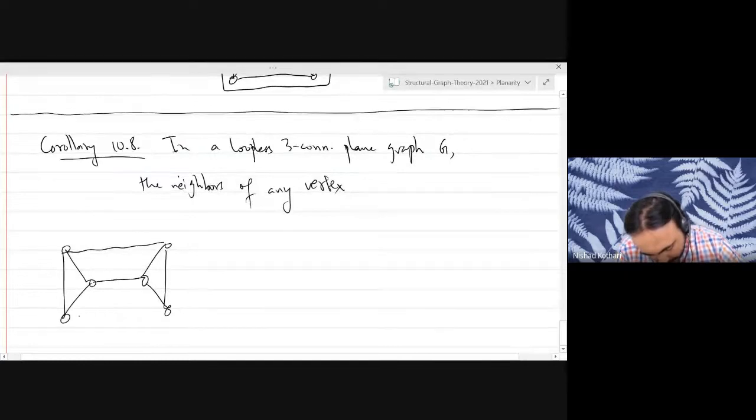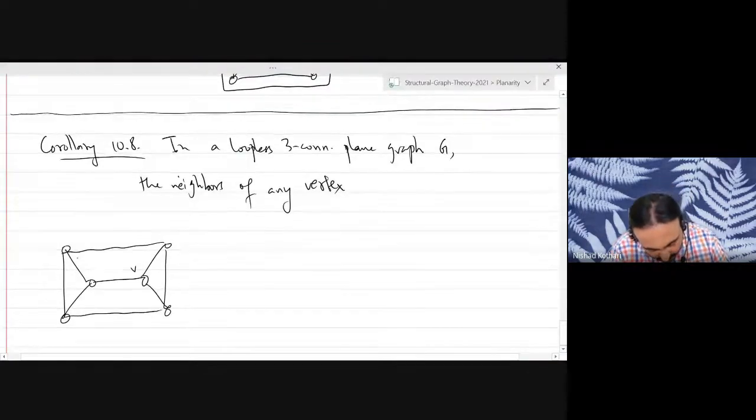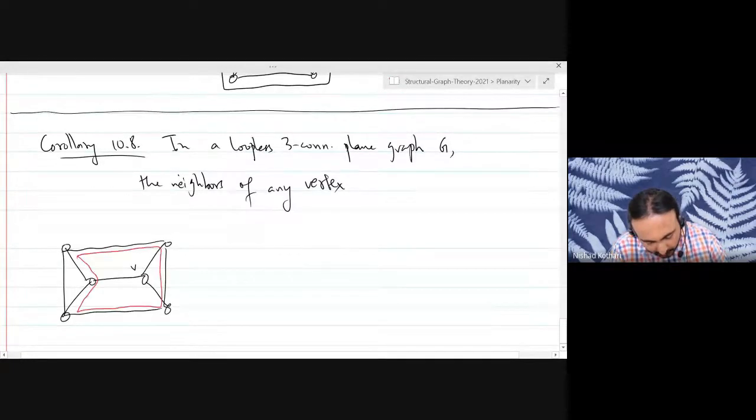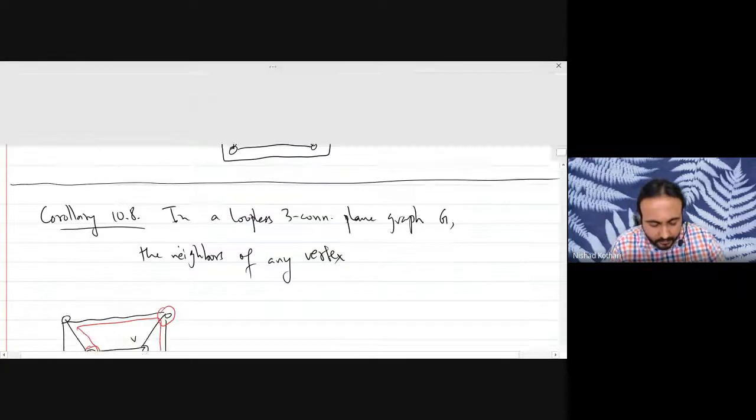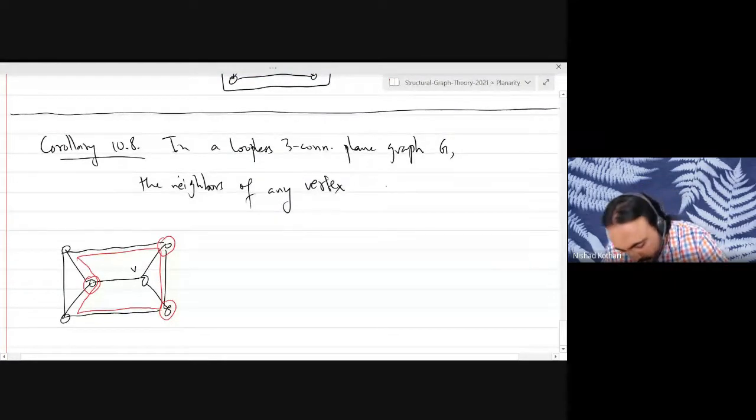This is a loopless three connected planar graph. You look at the neighbors of any vertex, they belong to a common cycle. So for this vertex, you look at this cycle. It contains all the neighbors of the vertex V. This one, and this one. The neighbors of any vertex belong to a common cycle.